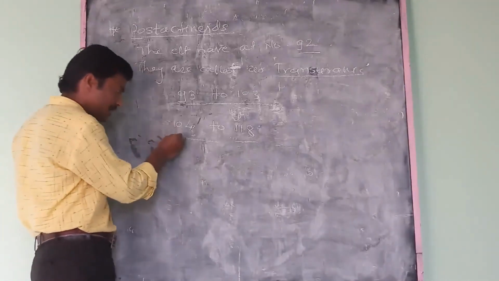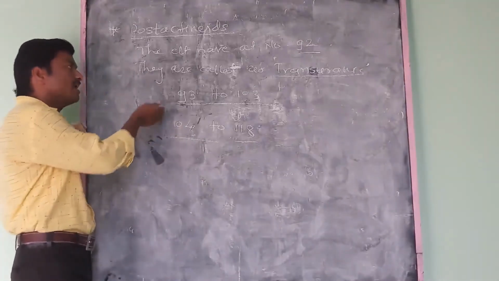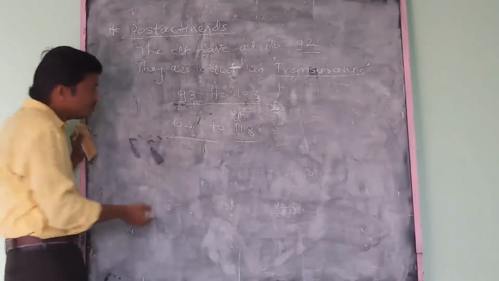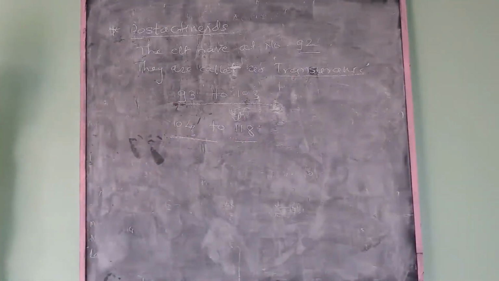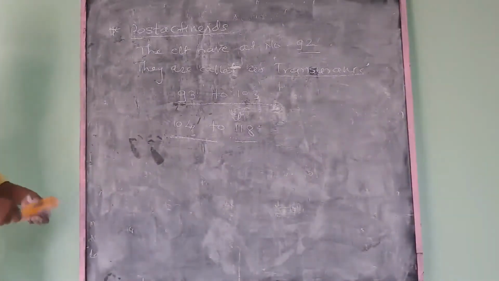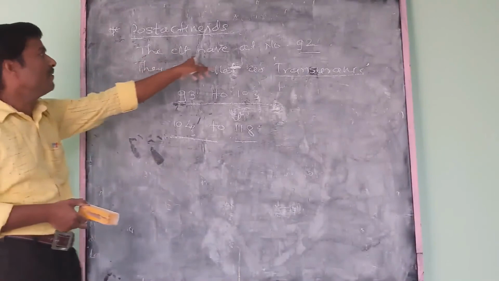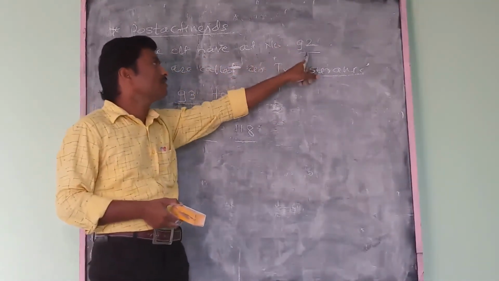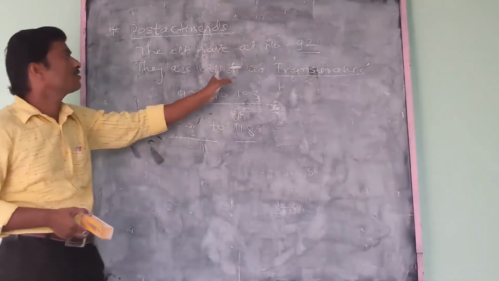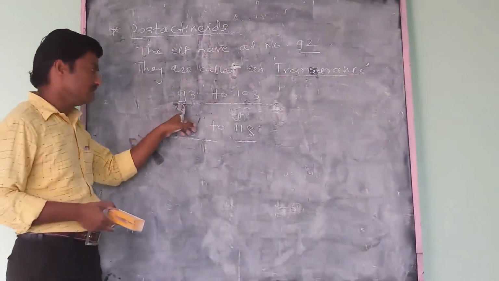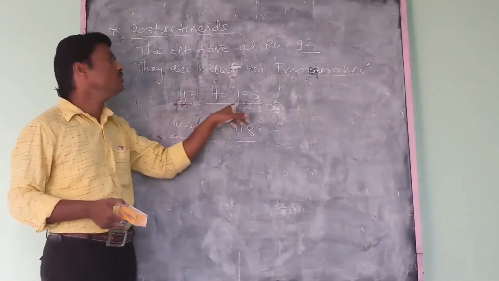These elements are present after the actinoids, and that's why they are called post-actinoids. We can repeat again: elements having atomic number greater than 92 are called transuranic, that is atomic number 93 to 103.